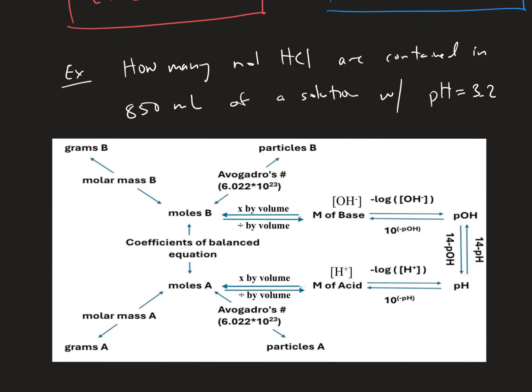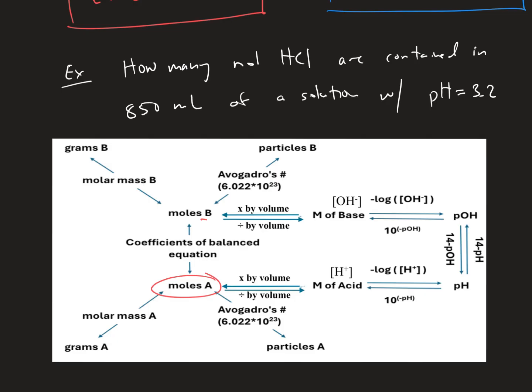Moles of HCl. So where is that on our mole roadmap? It's an acid, right? So we're going to do moles of our acid. That's what we're looking for. Does that make sense to everybody? And if we're looking for the base, we'll do moles of the base, B. Okay? All right. So what do we know?